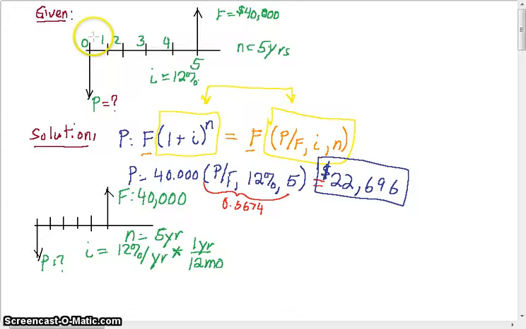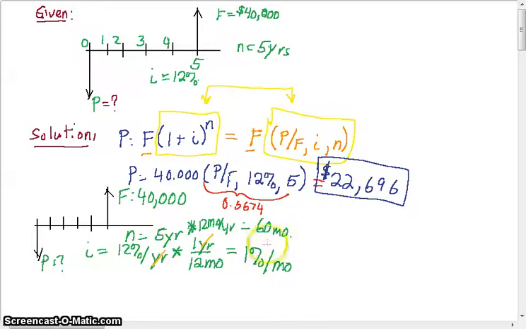And if we do that, we know our years will cancel out, and we will end up with just 1% per month. Well, this is in years. We need to change this to months also. And we know if we multiply that times 12 months per year, that will equal 60 months.